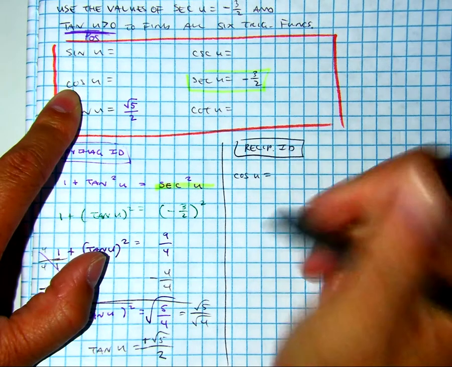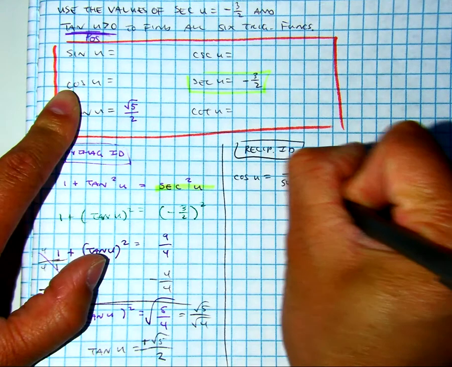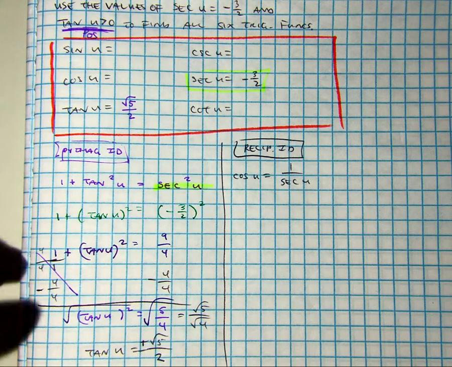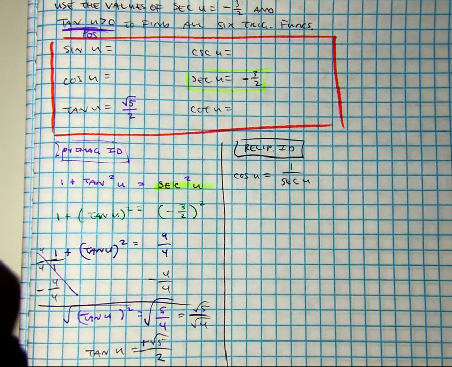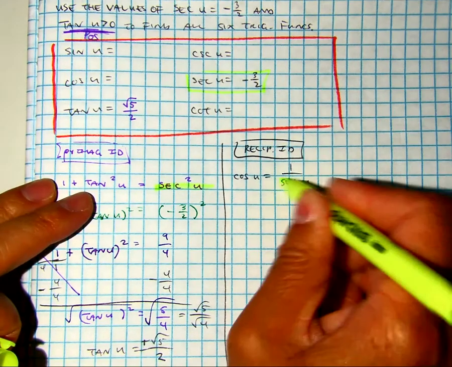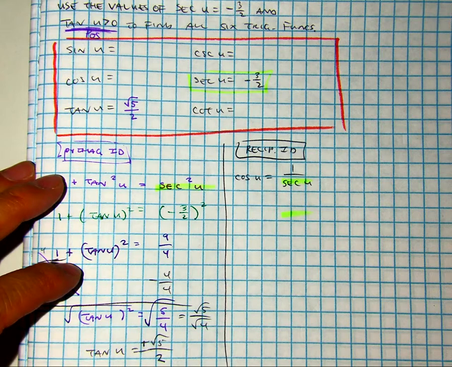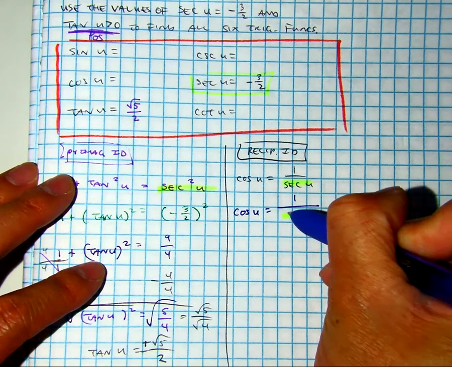Don't use 1 over cosine. I'm just going to do a substitution. I know that secant of u is equal to negative 3 halves. So right there I'm going to write negative 3 halves. Cosine of u equals 1 over negative 3 halves.